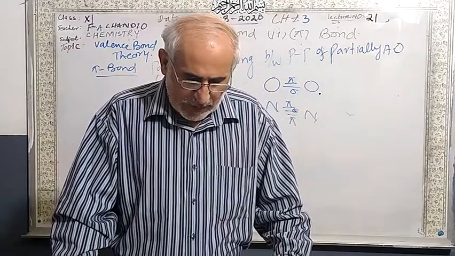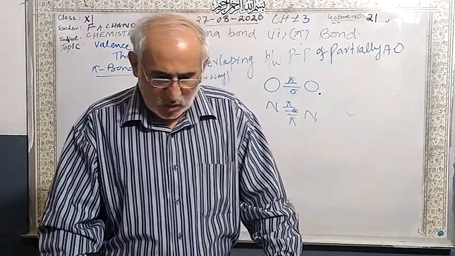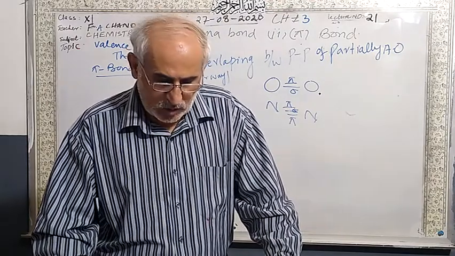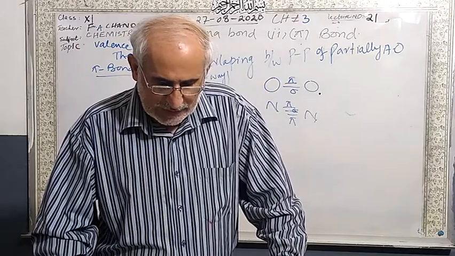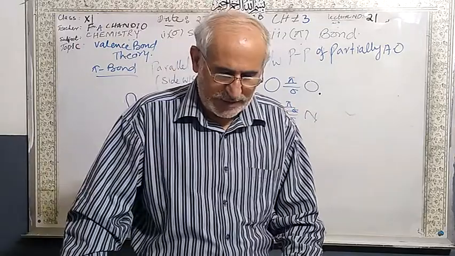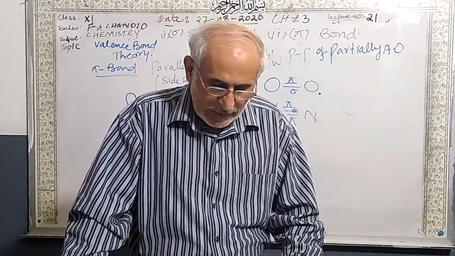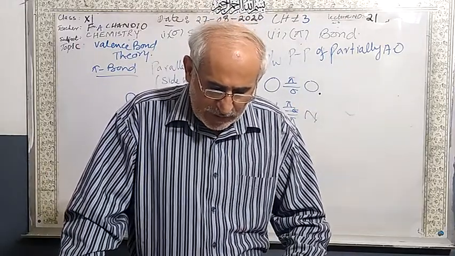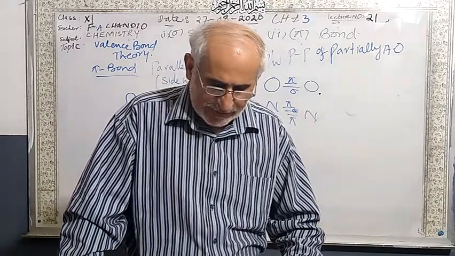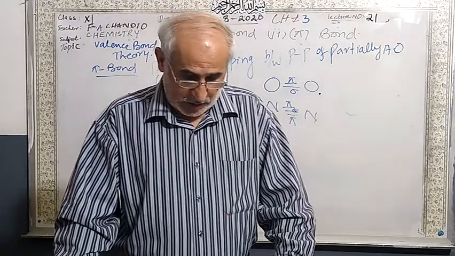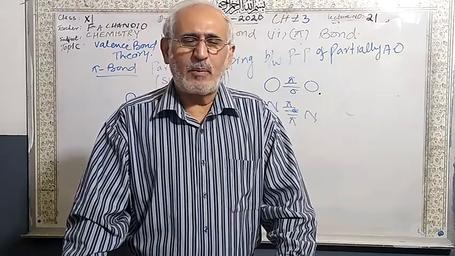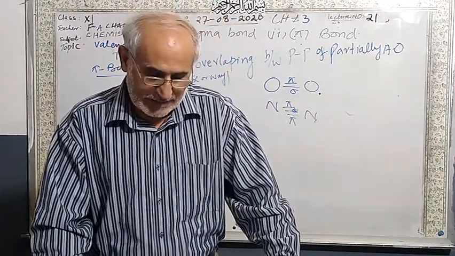Remember, in the case of pi bond formation, the electron density is the greatest above and below the line joining the two nuclei, and this is called a nodal plane. We already discussed this in chapter number 2. Only parallel, coplanar, half-filled p orbitals on adjacent atoms can form a pi bond.